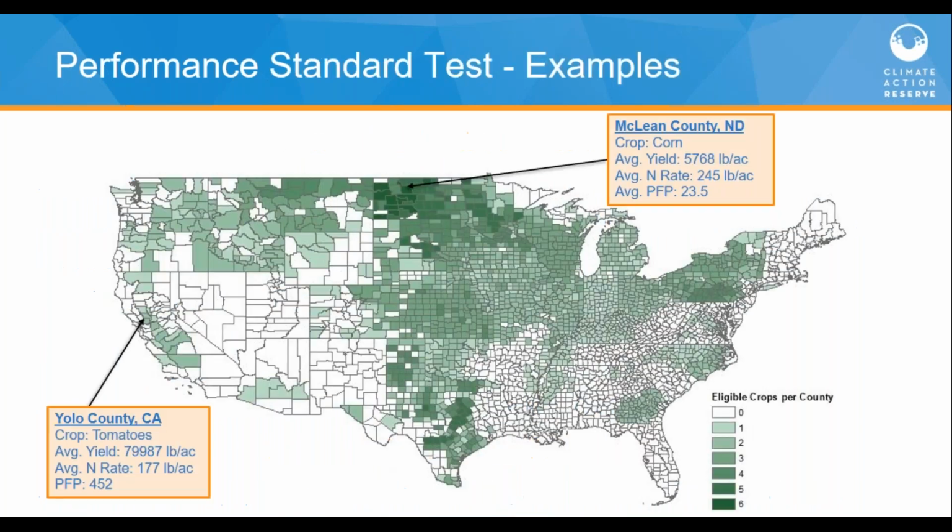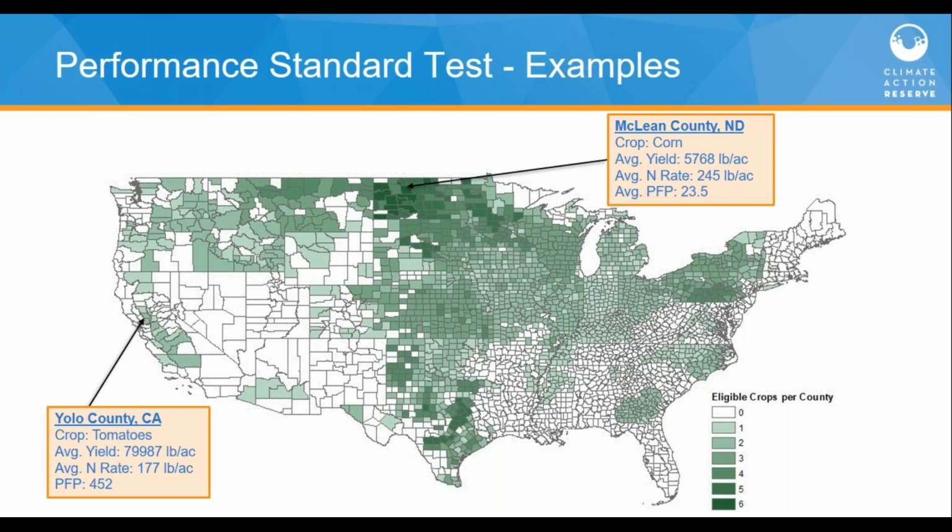So to give you some examples of what this might look like, looking at McLean County, North Dakota, and say we look at corn, which has an average partial factor productivity of 23.5.